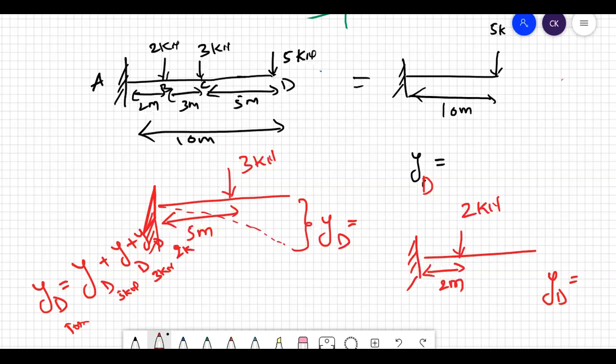Adding all the YDs, we will get the Y maximum in the cantilever beam.